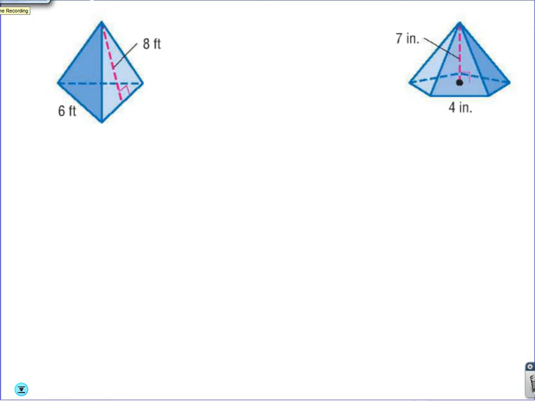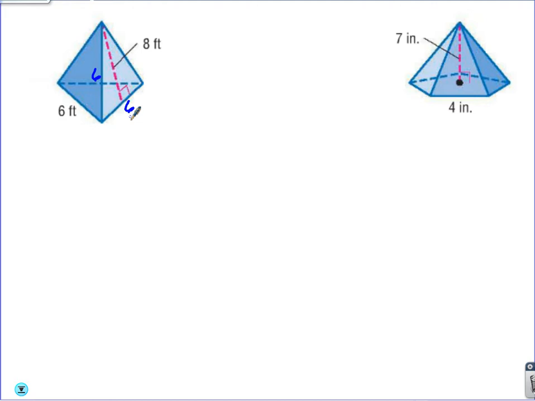Next, when you're given a triangular pyramid, it has to be equilateral because, as of right now, that's the only thing we can find. The surface area of a regular pyramid. So the bottom is a 6, 6, 6 equilateral triangle.